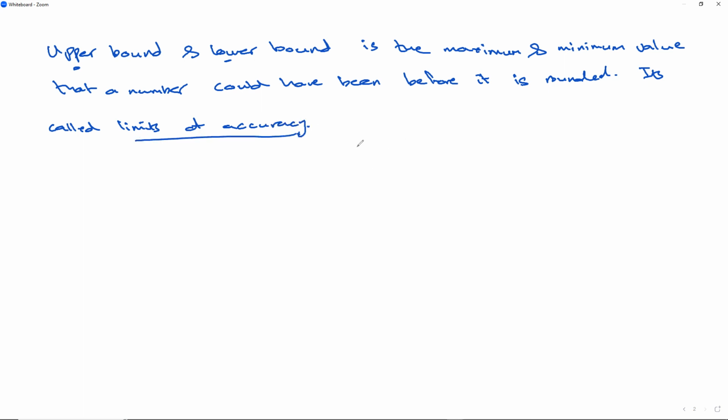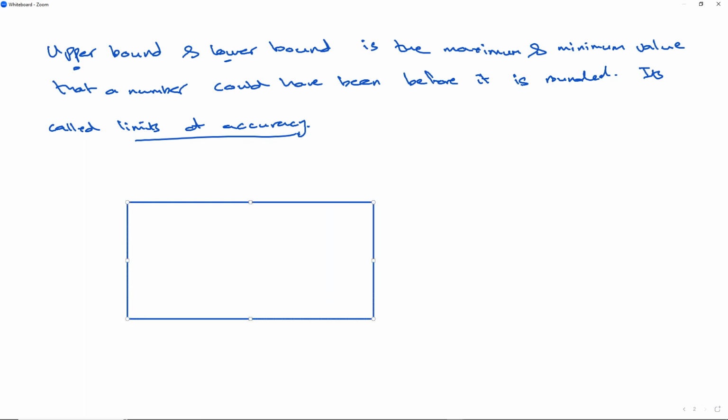All right, let's suppose I have a rectangle. Suppose I have some kind of rectangle, and I'm told that the width of this rectangle is 3.2 centimeters. And I'm also told that the length of this rectangle is 8.5 centimeters.